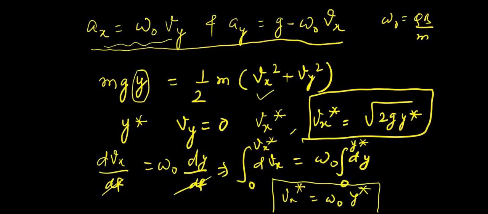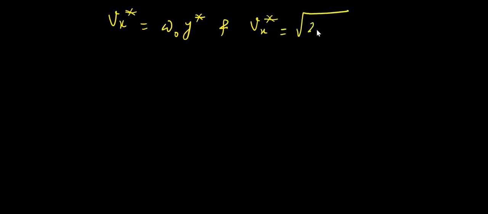So we have two equations here for Vx star, and now we can compare these two equations. Vx star equals omega naught y star, and Vx star is also equal to under root 2g y star.